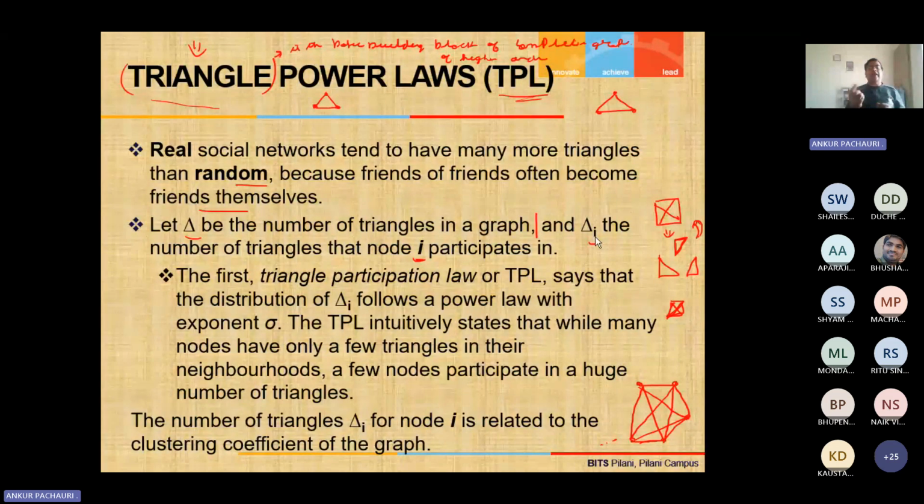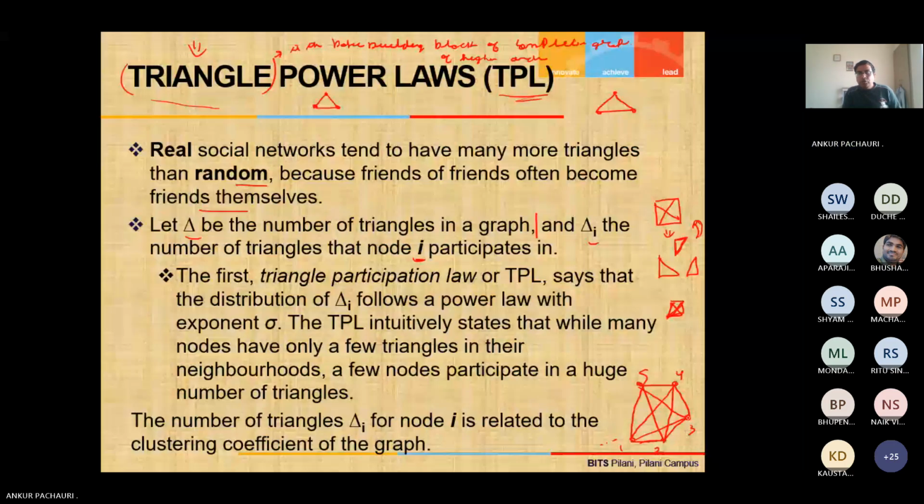This node is participating in one triangle, the other triangle, and this triangle 3. Any more? No. So this node is participating in three triangles. Now, how many triangles is node 3 participating in? 3, 4, 5, then 1, 2, 3.